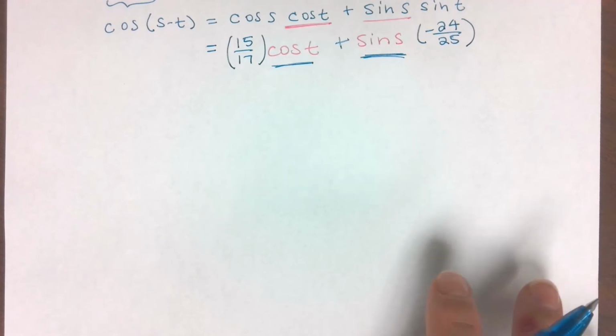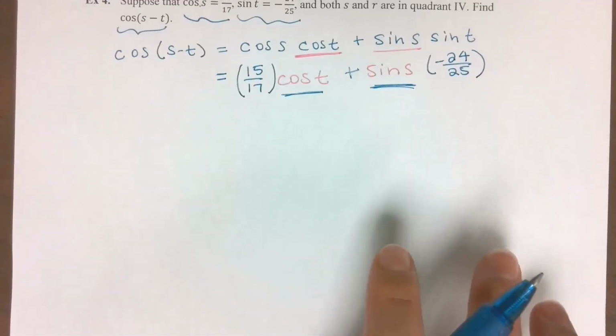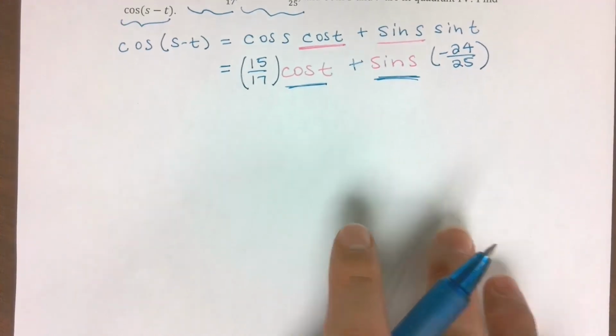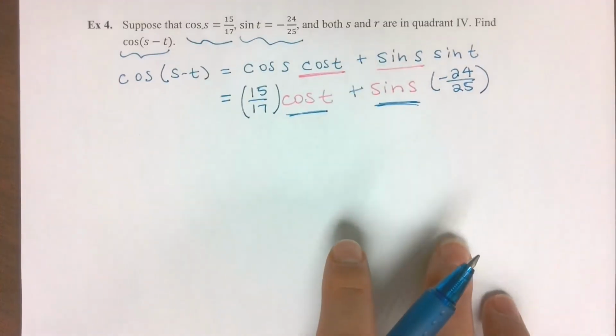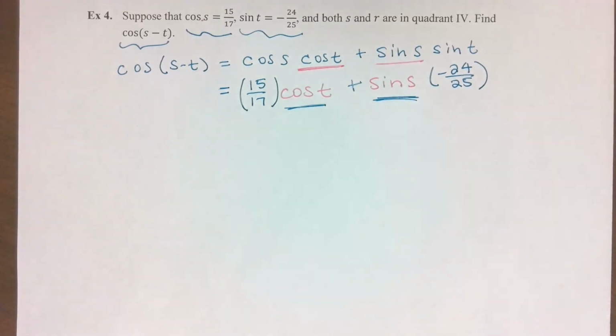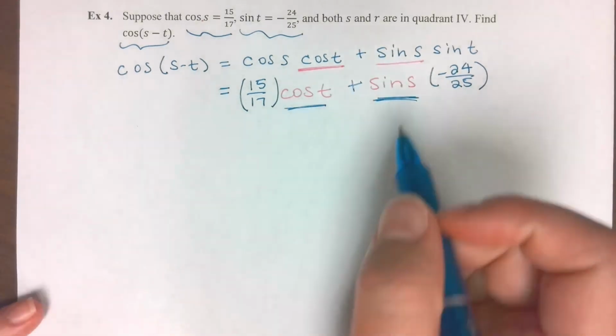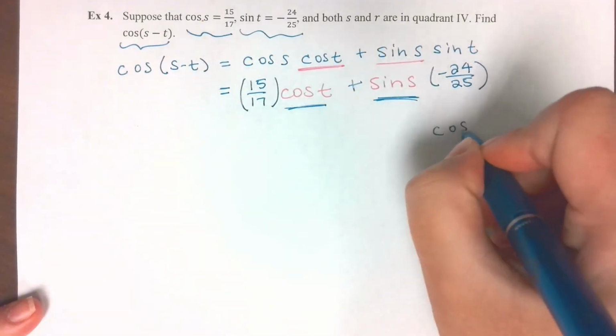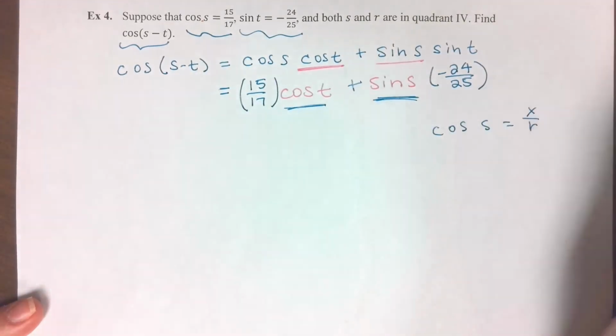You can use different methods. We have now learned a few different things, so it depends on what you want to do. If you're going back to previous chapters and things that we learned on test 1, you can use the fact that cosine is x over r.